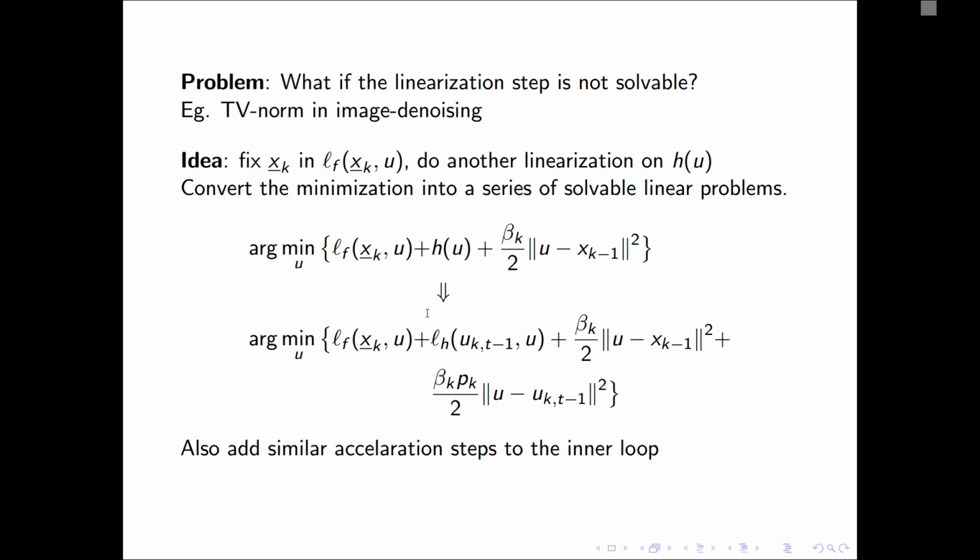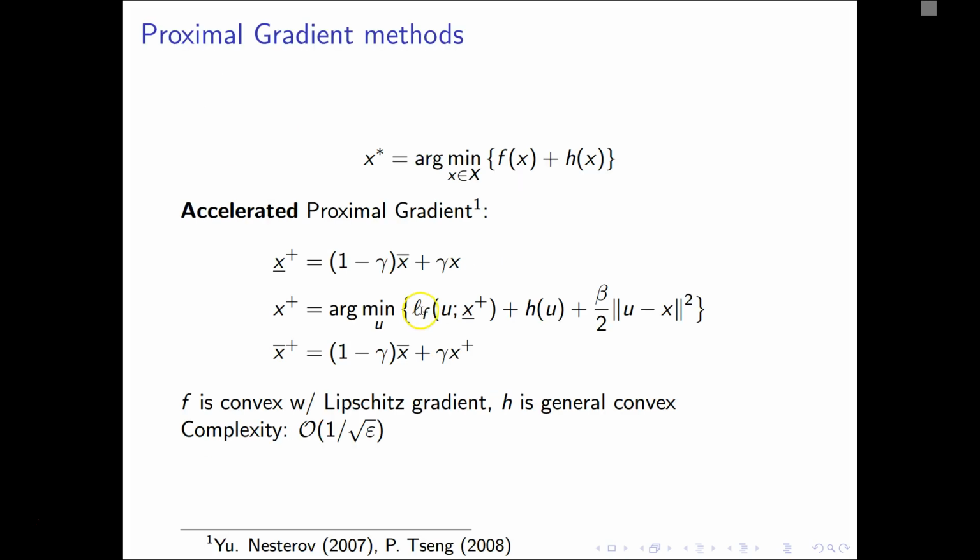So the idea of gradient sliding is quite simple. Because you have this linearization of f here, why don't we do another linearization of h inside this inner loop?